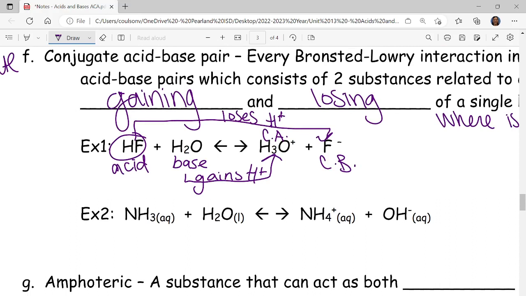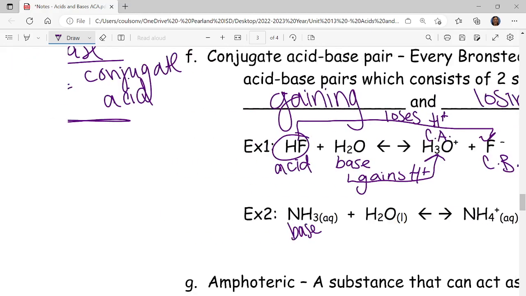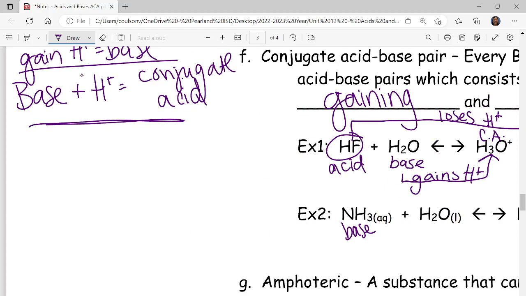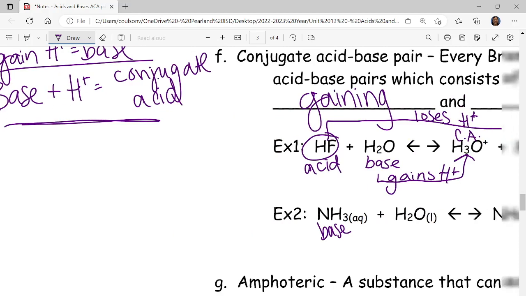All right, take a second and do example number 2 on your own. So try to identify your acid, your base, your conjugate acid, and your conjugate base. All right, how did you label NH3? This would be our base. Okay, so if it is my base, then that means it's going to gain a hydrogen.